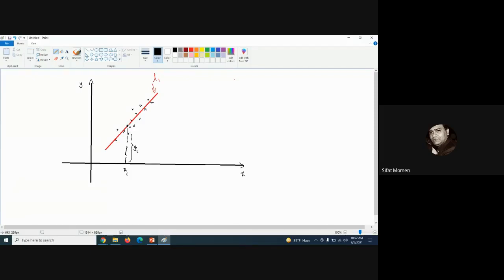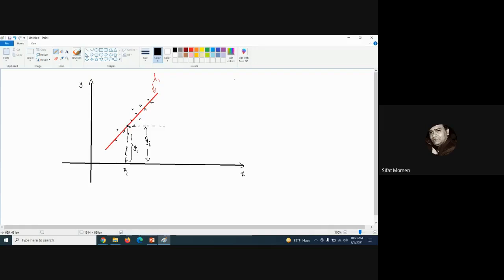So for this Xi, this is the corresponding Yi being predicted by the model. So the prediction is this one. Let's say the prediction is Y hat. Y hat is the predicted output, whereas this is the actual output. Agreed?